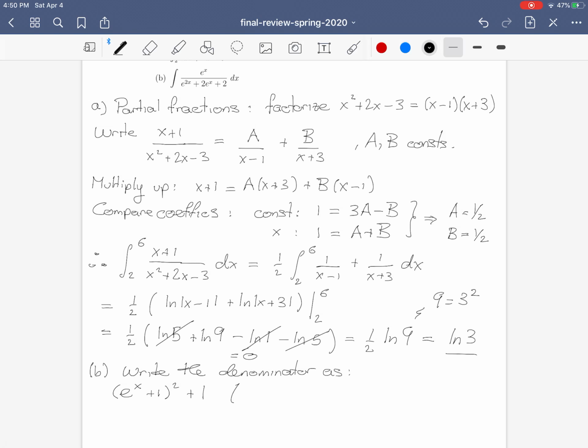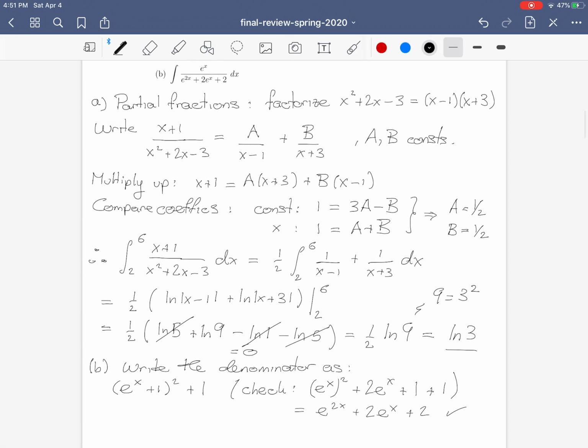You might want to check why this is correct. If you expand this, you get e to the x squared plus 2e to the x plus 1 plus 1. And then notice that e to the x squared is equal to e to the 2x. And then I have 2e to the x plus 2. Okay, so this is correct.